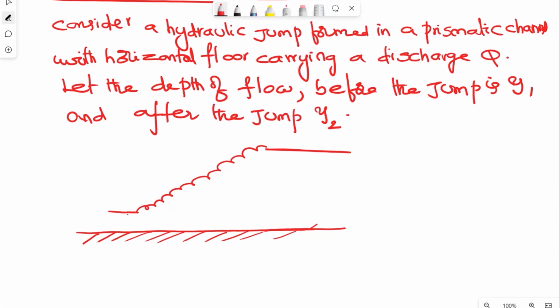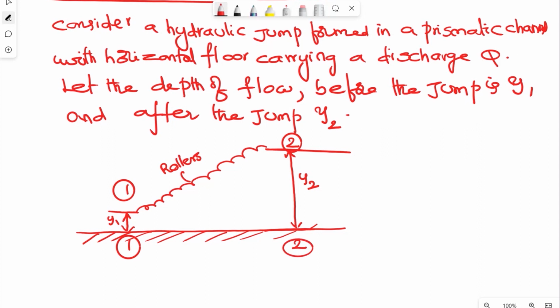So here, this is y1 before, and after it is y2. This is what we call the roller. So this is section 1-1, and this is section 2-2, and the discharge flowing is Q, right?